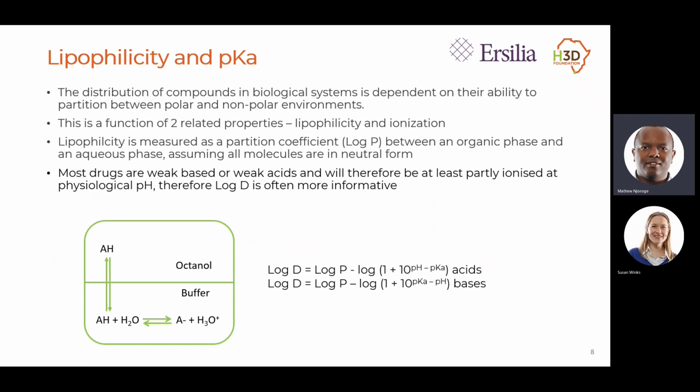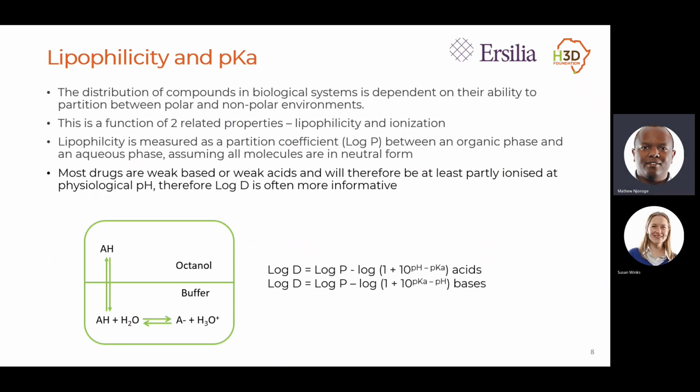I'll very quickly mention two concepts that are also important in thinking about all this, and they relate mostly to permeability, to how quickly the compound goes across the membrane. Those concepts are lipophilicity and pKa. Lipophilicity, as we know, is a measure of how the compound partitions between an aqueous layer and a non-aqueous layer, or between a polar layer and a non-polar layer.